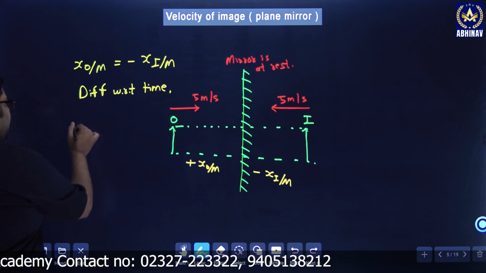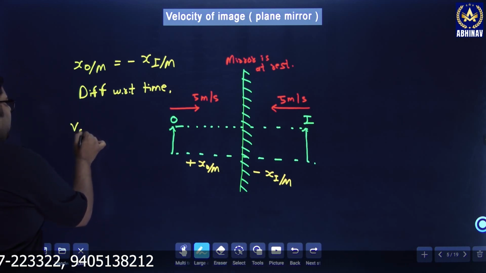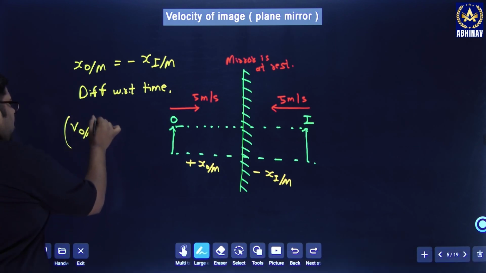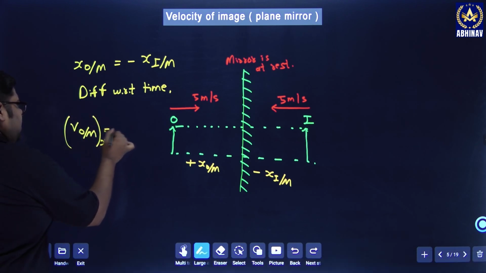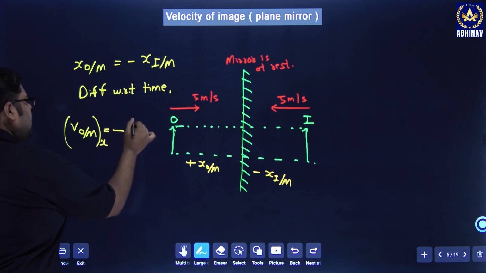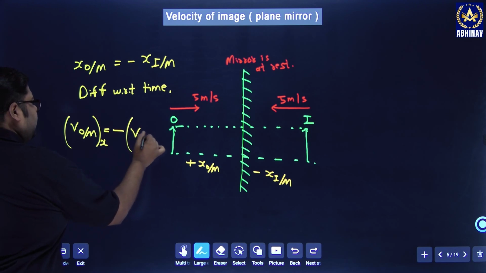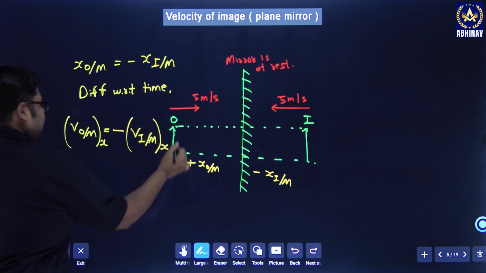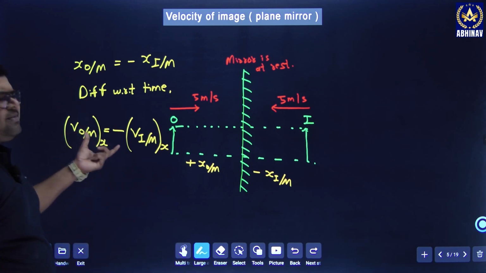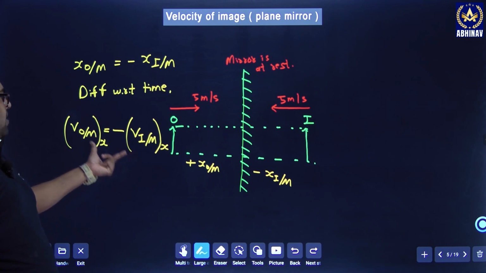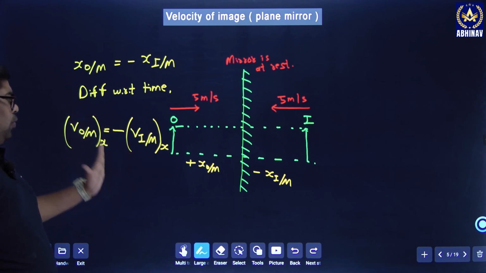So finally we get the velocity of the object with respect to the mirror along the x-axis is equal to the negative velocity of the image with respect to the mirror along the x-axis. So this is the relation between the velocity of the object and the velocity of the image along the x-axis only.